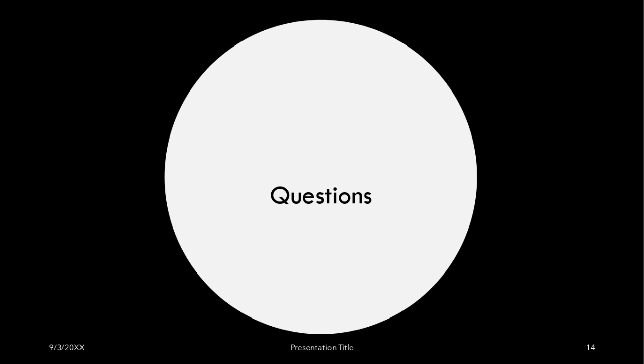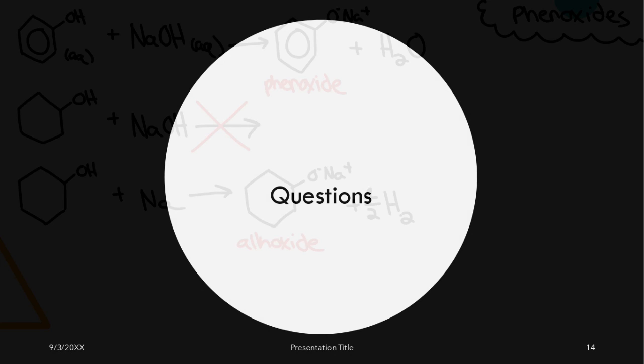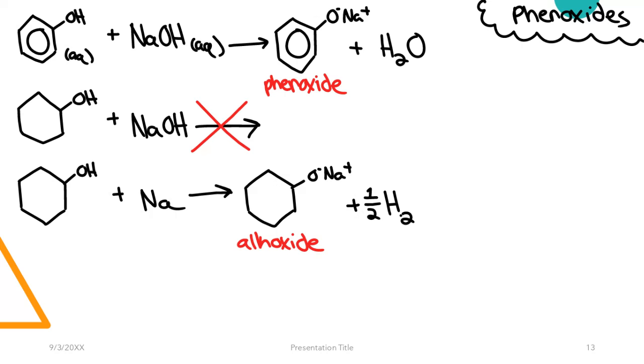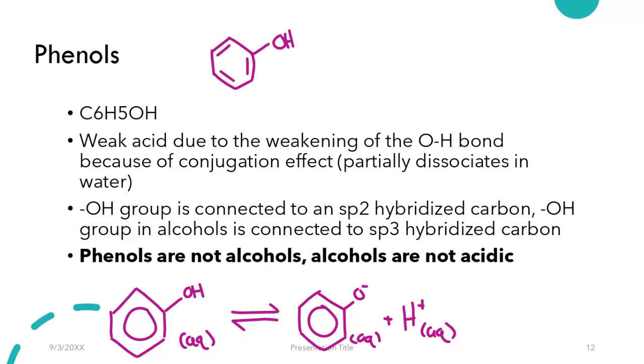Do all aromatic rings not make alcohols? What do you mean? Like for phenol, it is not an alcohol, and alcohols are not acidic. Is that true for all of the aromatic rings we're working with? Yes. So if the OH group is connected to anything that's sp2 hybridized, it is not an alcohol.